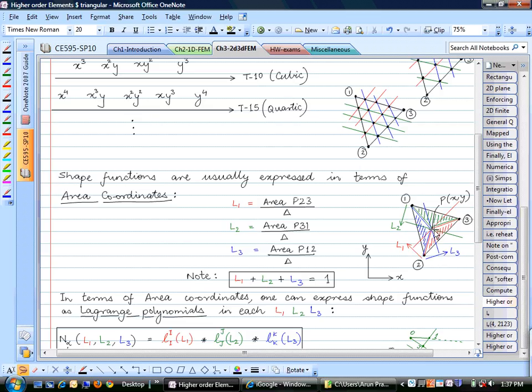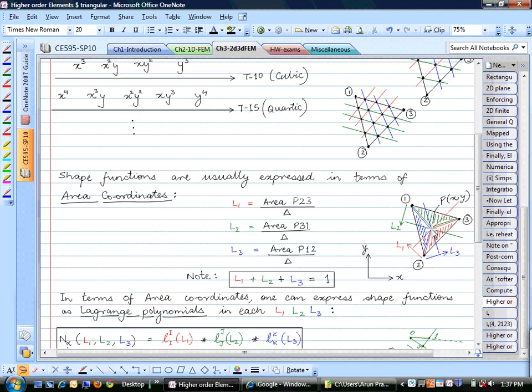any interior point x, y. So these are the 3 corner nodes. If somebody gives us this interior point, we have to be able to express the value of that interior point in terms of its nodal coordinates.